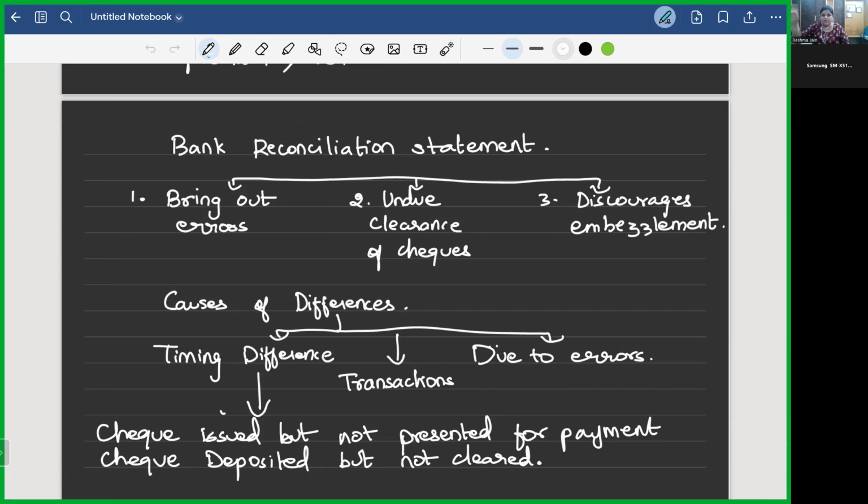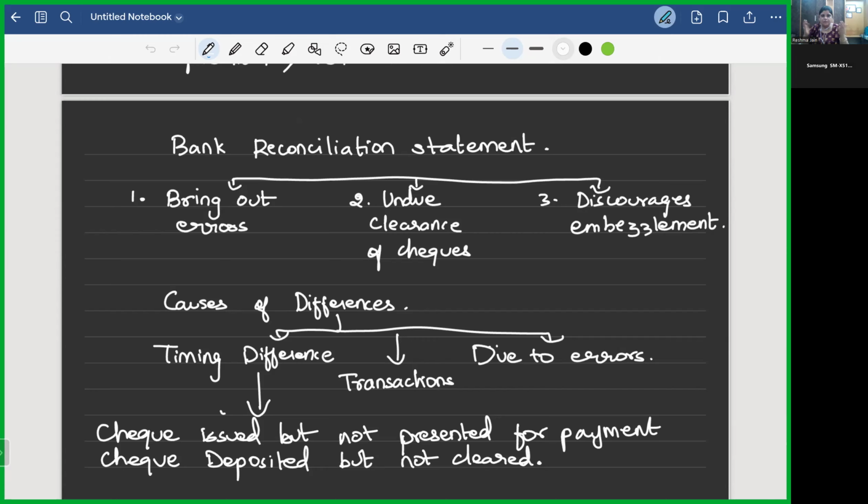Only then will my bank deduct the amount from my passbook. It generally takes time, 2 to 3 days for example. So only after 2 to 3 days does the amount get deducted in my passbook, but I deduct it the same day in my cash book when I issue the cheque. This is called a timing difference, and because of it, the balance in the passbook and the cash book do not match.